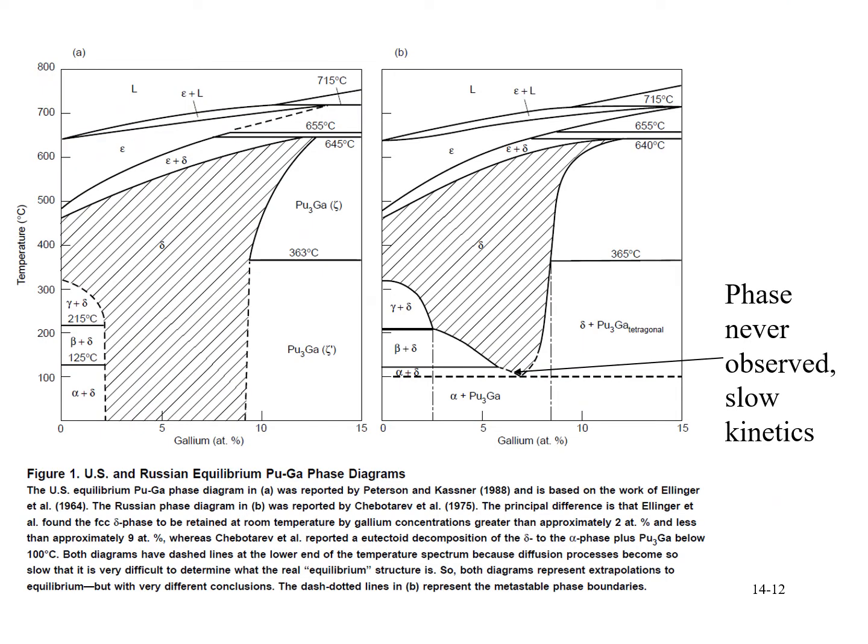Some details of the gallium-plutonium phase diagram are shown here at the low gallium concentration end, and these are the US and Russian phase diagrams. The main difference is that the Russians observed complicated intermetallics, so plutonium alpha phase plus this plutonium-gallium intermetallic, under conditions where the US phase diagram just predicted a single delta phase.